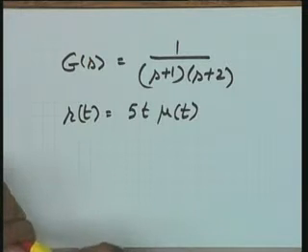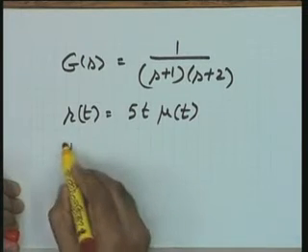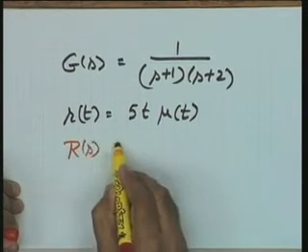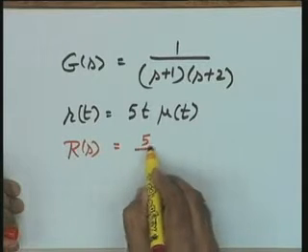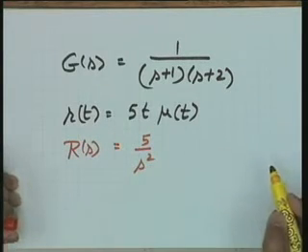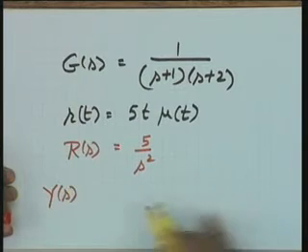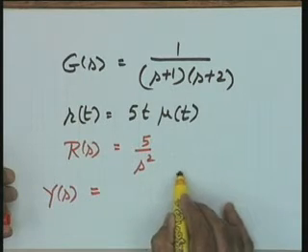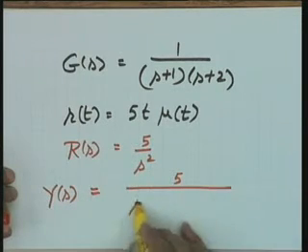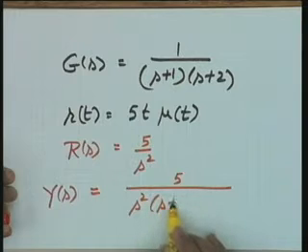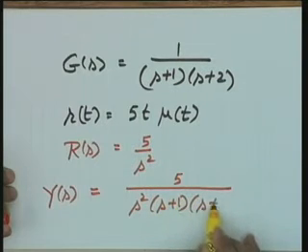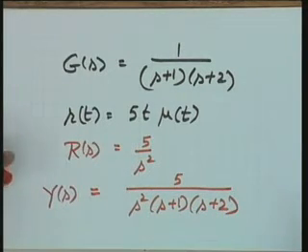So, for this ramp input 5 t mu(t), the transform domain expression is, as you know, 5 by s squared, and therefore, the response transform Y(s) now becomes equal to 5 over s squared into s plus 1 into s plus 2. This is the response transform.